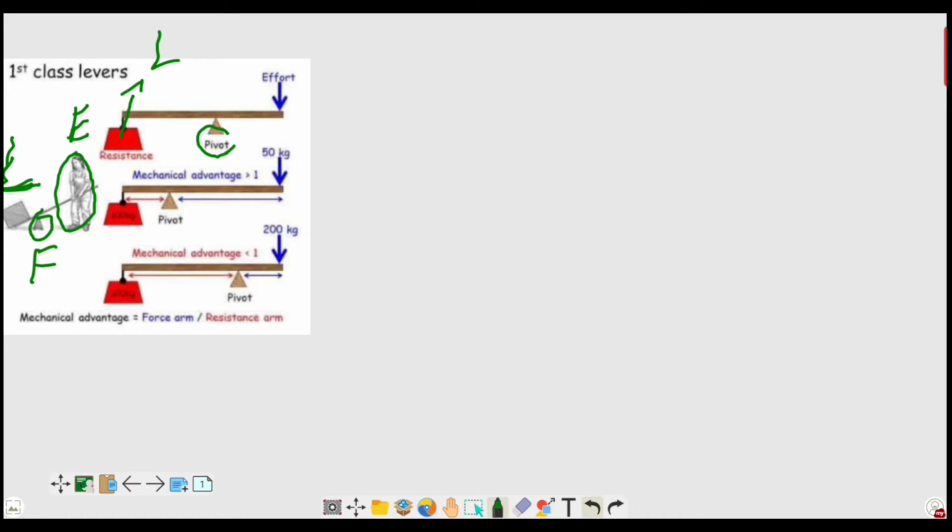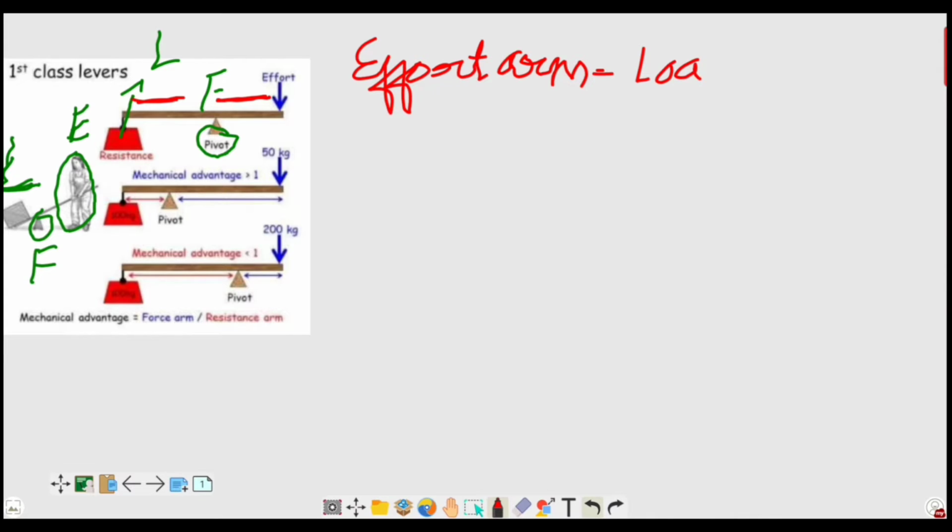If the pivot is in this position, just see, this is an effort arm and this is a load arm. Almost both are equal. So when effort arm is equal to load arm, what will be my MA, students?